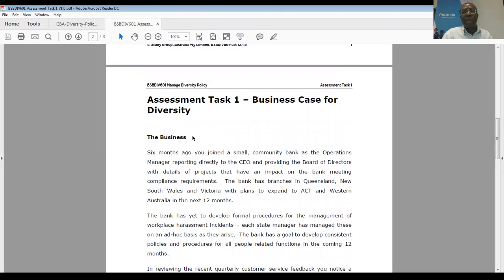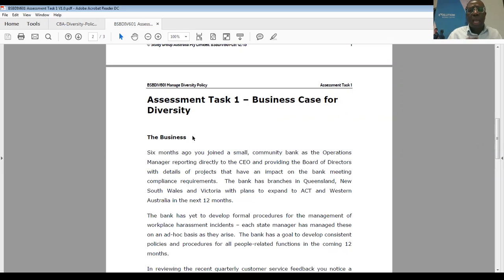What are we saying by business case for diversity? In an organization, before a policy is implemented, people have to look at the merits: do we really need this policy, and what has brought about the thinking of having it?